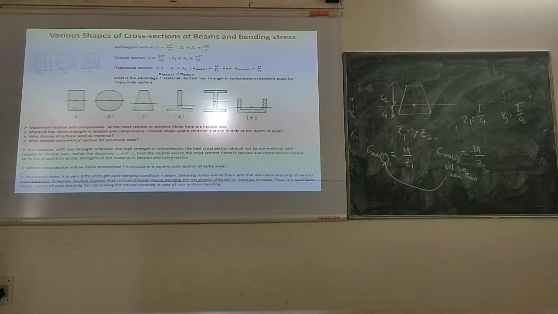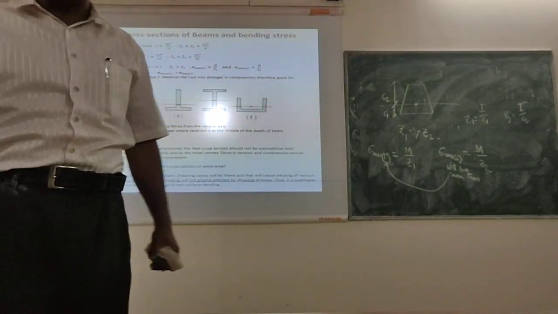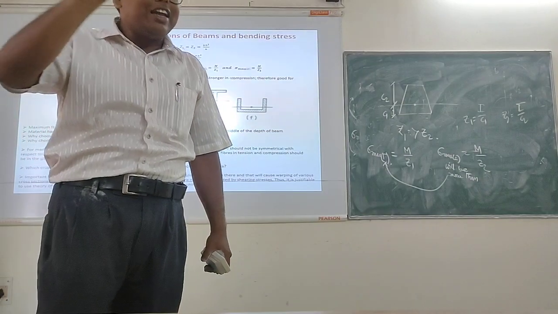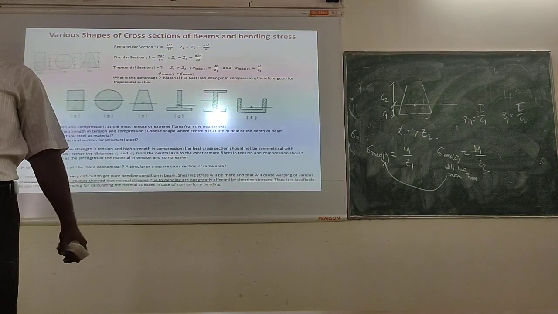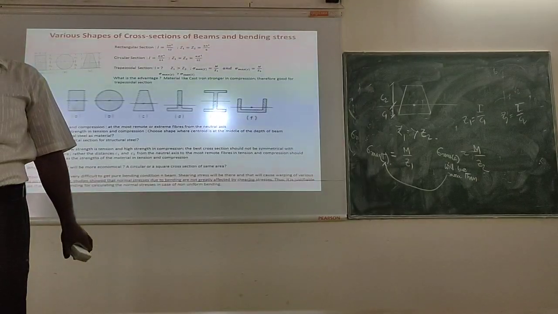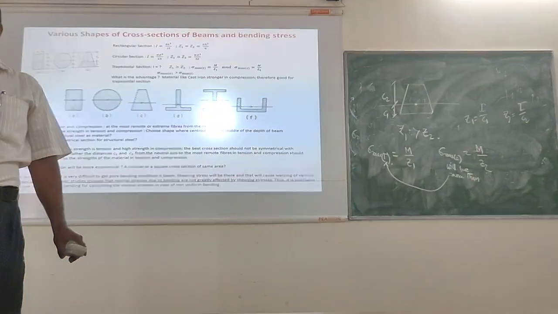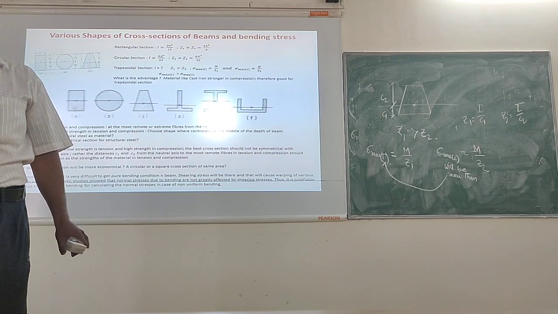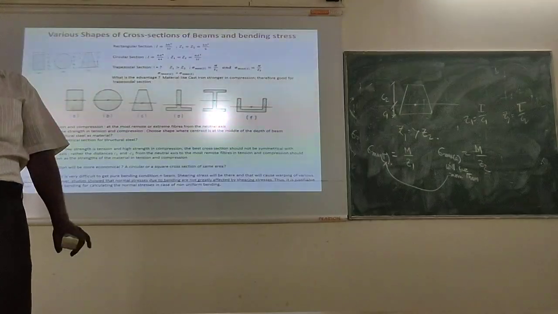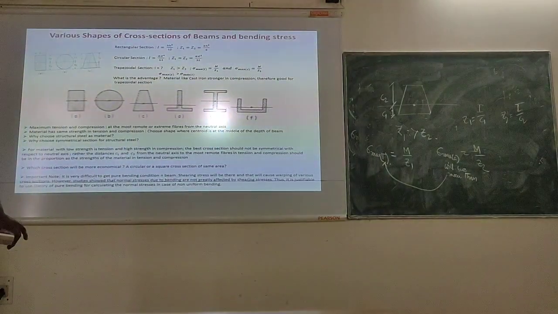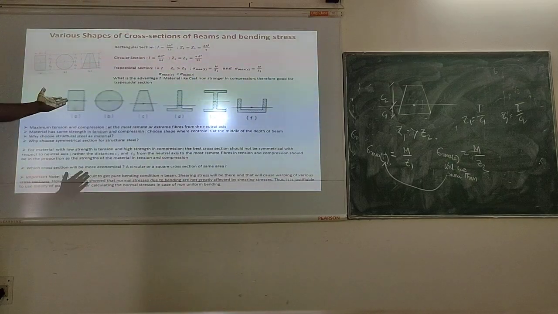If you think about a pure concrete section, a rectangular section will be very bad, because in a rectangular section, tension and compression will become equal, so bending stresses will become equal. Plain concrete in a rectangular section is very bad because concrete is not good in tension. Same is the case of cast iron also.